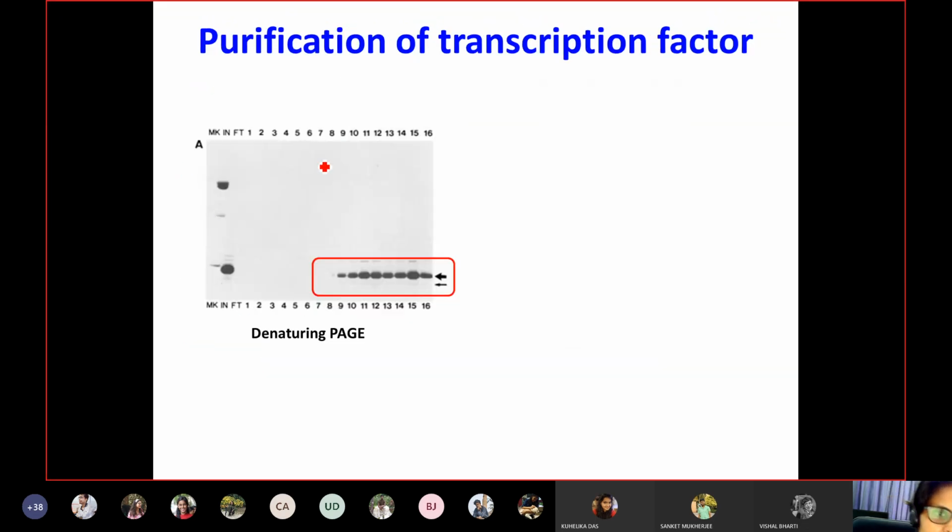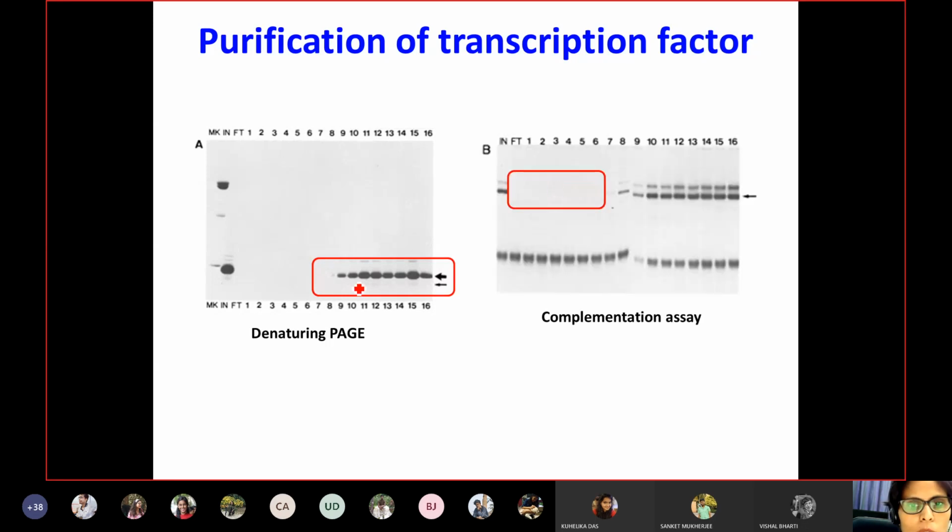For example, here the proteins coming from fractions 7 to 16 were able to complement well for the 5S transcription. So that is how they were able to purify a specific transcription factor causing only 5S gene transcription. Is that clear now? Yes, ma'am.